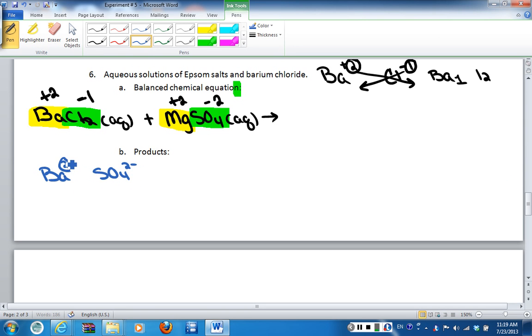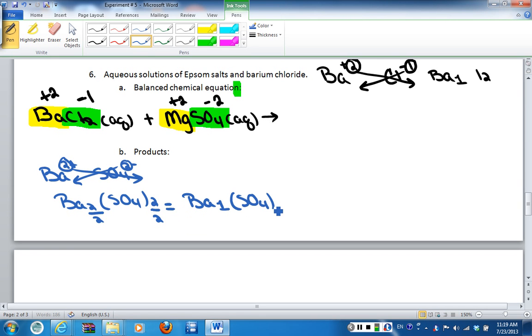So if we do another crisscross, we have Ba2SO4. And again, when we're balancing chemical formulas, we want to make sure that our subscripts are the lowest denomination. So we can divide both of these by 2, which becomes barium 1, sulfate 1, which is then written as BaSO4.